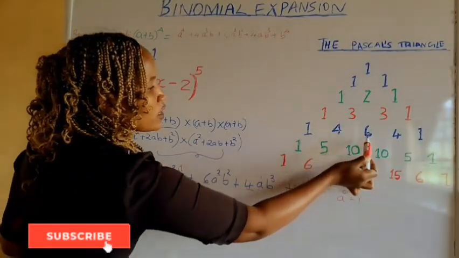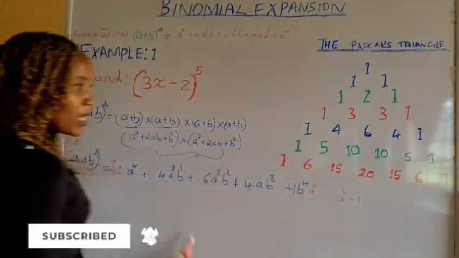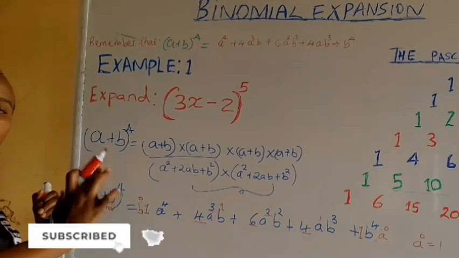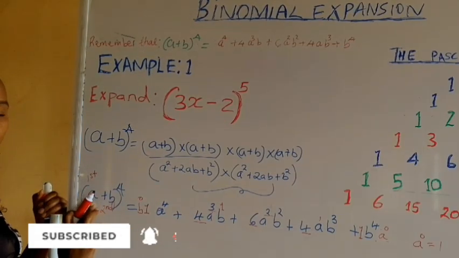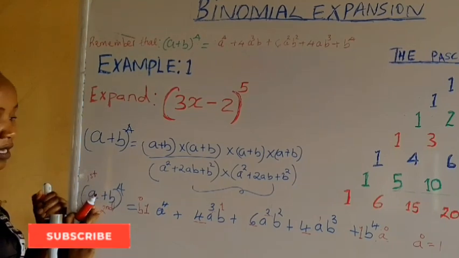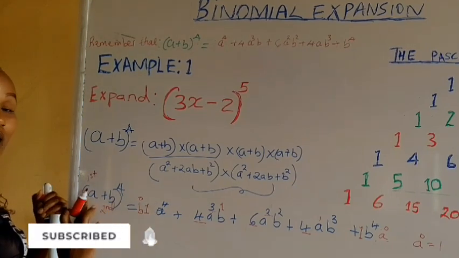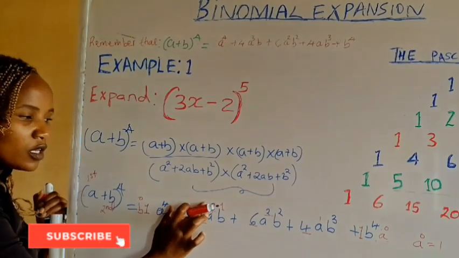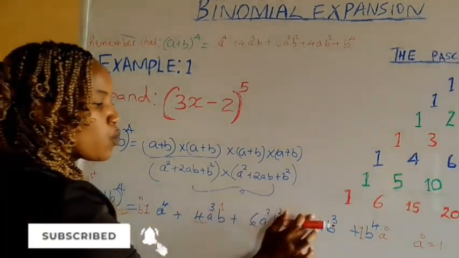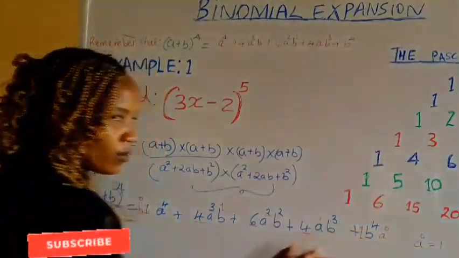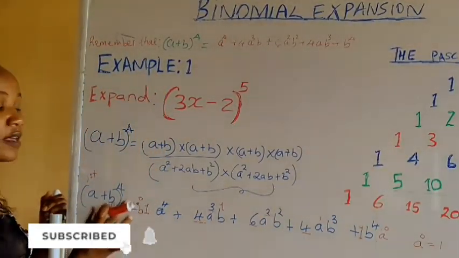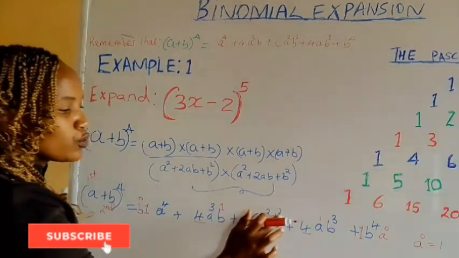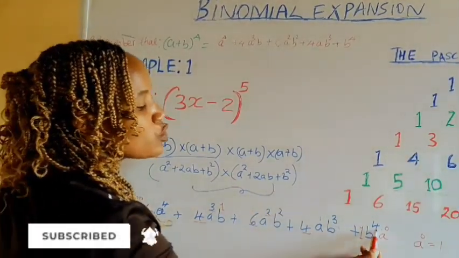The other thing you need to consider is the power of the first term, which is our A in this case, decreasing from 4 to 3, 3 to 2, 2 to 1, and 1 to 0. But for the second term, the power is increasing from 0 to 1 to 2 to 3 and to 4.